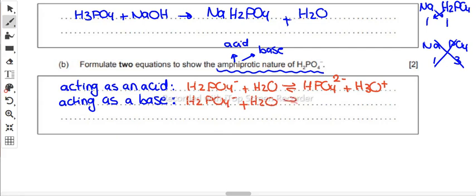It's also an equilibrium, but it will be a proton acceptor this time. So it will be H3PO4, so it will accept H positive and become neutral, plus OH negative. It's 1 mark for each of the first equation and the second equation as well.